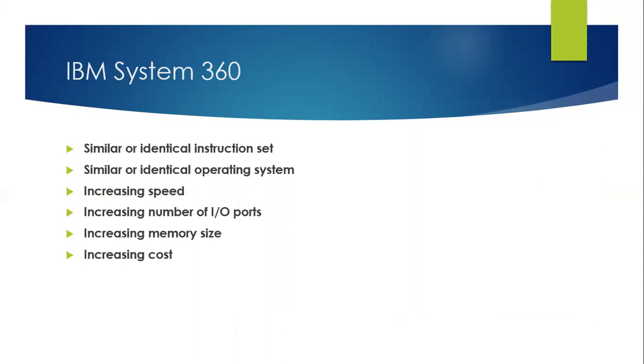The only different parts would be the size of your memory and the speed with which the computer processes the data. So this is like a family of computers, IBM 360. As time goes by, the speed of the processors increased, the number of IO ports increased, memory size also increased, and cost also increased.